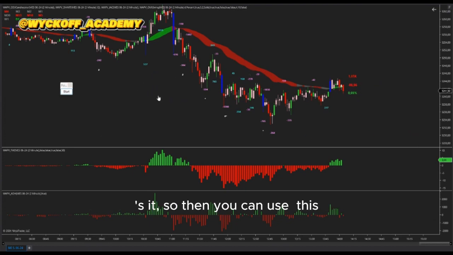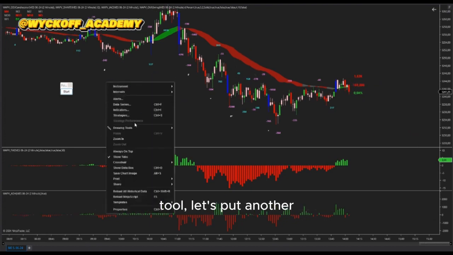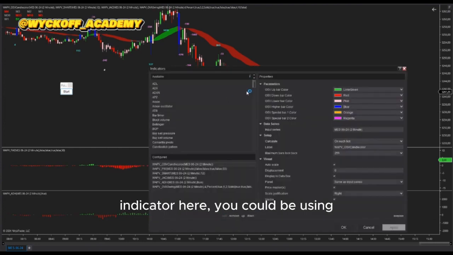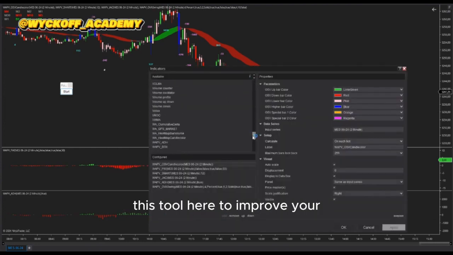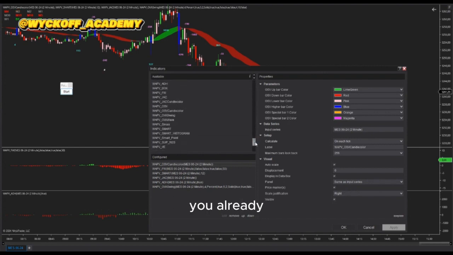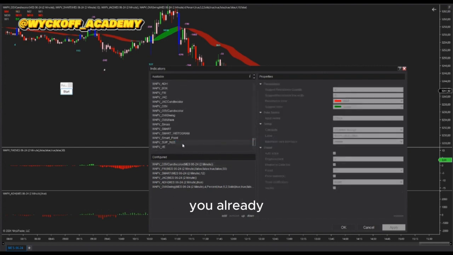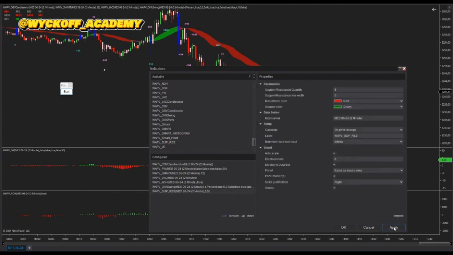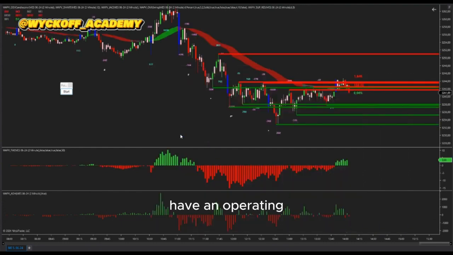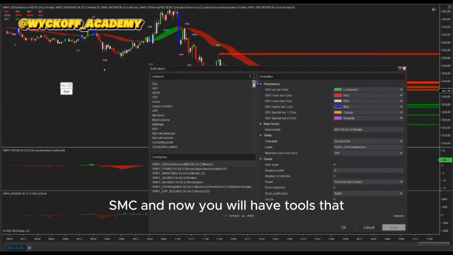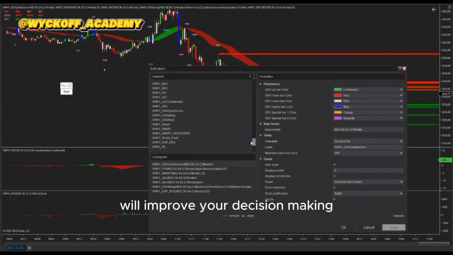So then you can use this tool. Let's put another indicator here. You could be using this tool here to improve your operating system that you already have. Sometimes you already have an operating system, SMC, and now you will have tools that will improve your decision making.